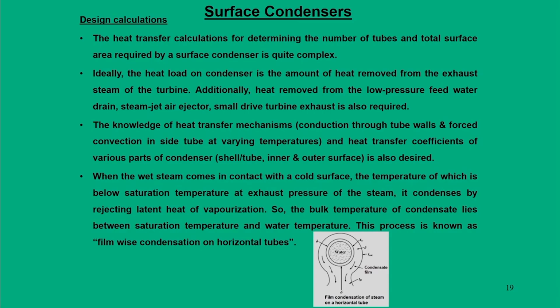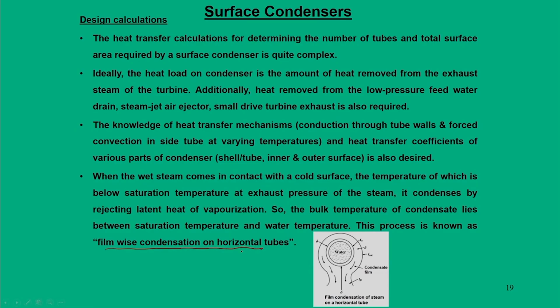Now, finally, this is the overall picture of how surface condenser design details are taken into account. However, other important aspects, which are very vital and which we are not following in this lecture, concern the kind of cooling that happens in the condensers, what we call film wise condensation in horizontal tubes.